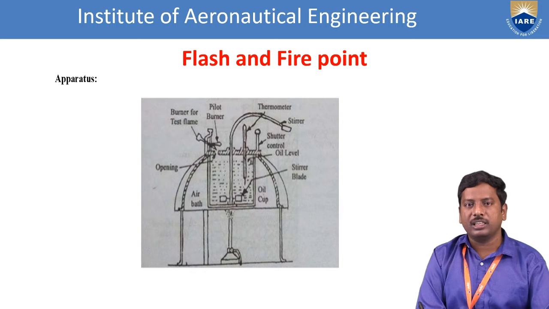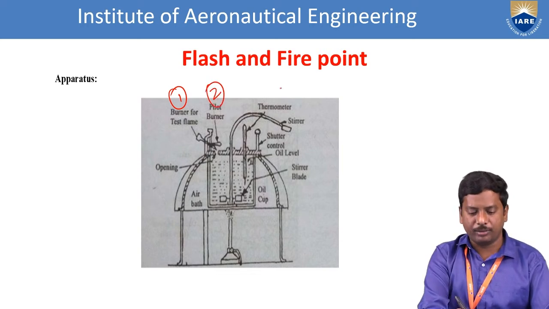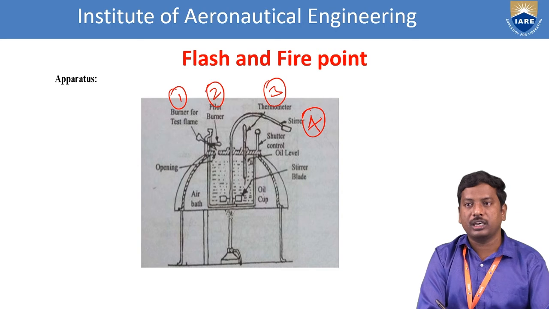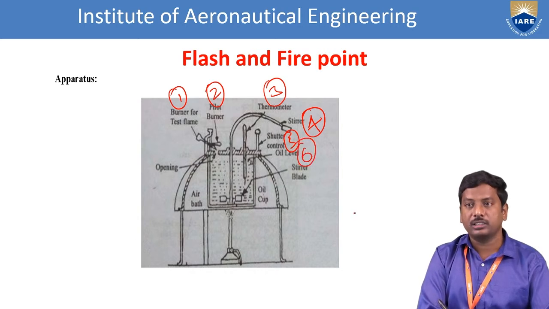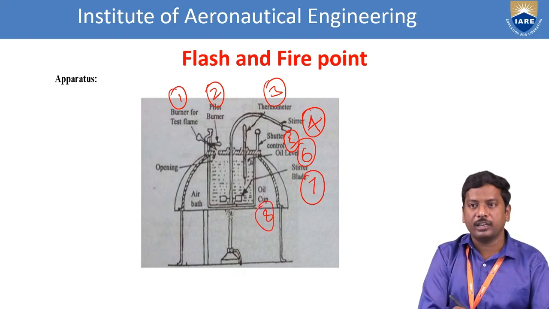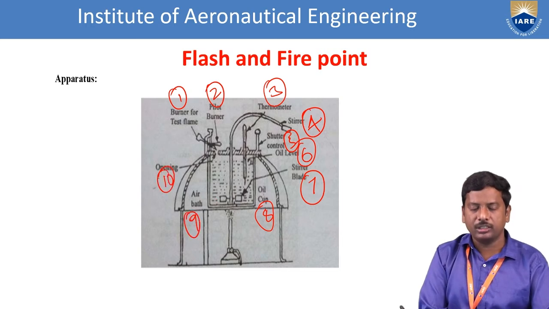Okay, so this is about the apparatus involved in the flash and fire point. First of all, we see the burner for the test flame, second the pilot burner, third the thermometer, fourth the stirrer, fifth the shutter control, and sixth the oil level meter and stirrer blade, then the oil cup and air bath, and the opening part of the beaker.